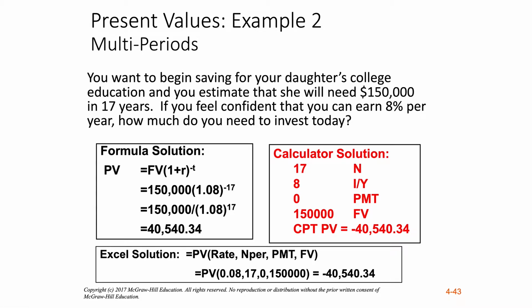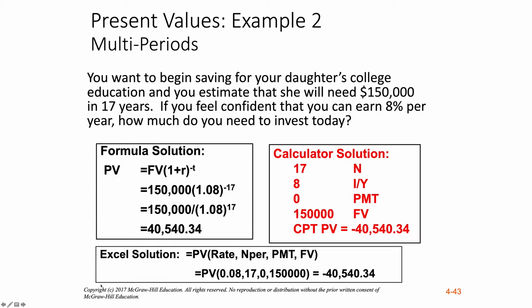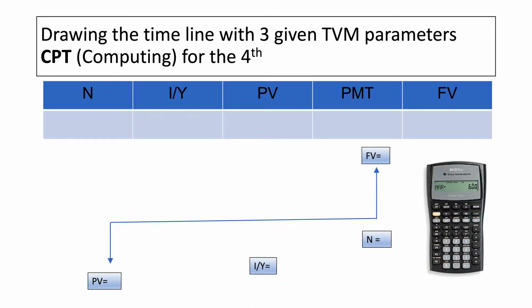So you're given those 3, solving for present value. The present value is 40,540. The solution is in red. Repeat this example on our next slides by yourself: draw the line, put in the 3 given inputs, and solve for the 4th.